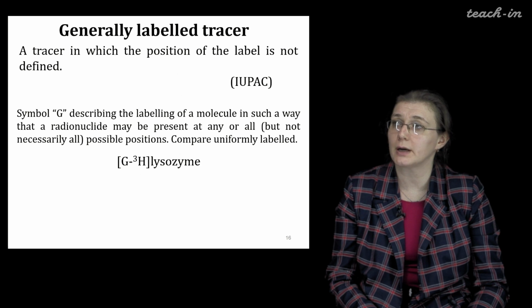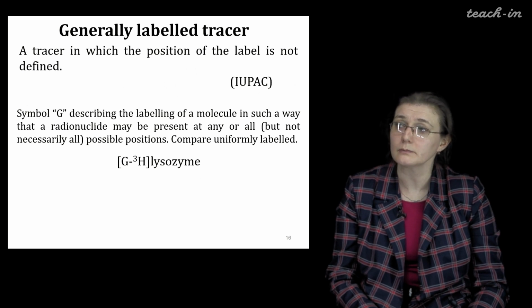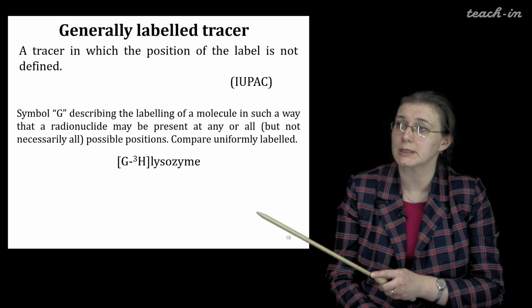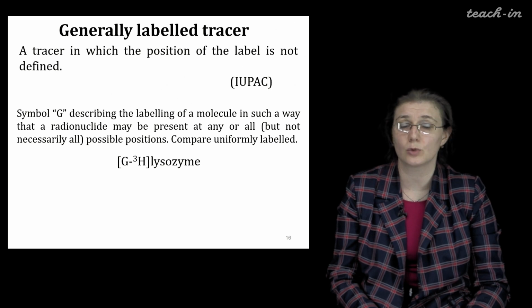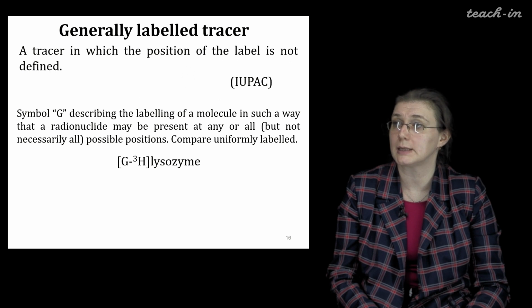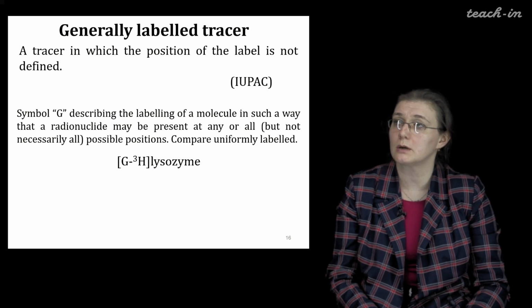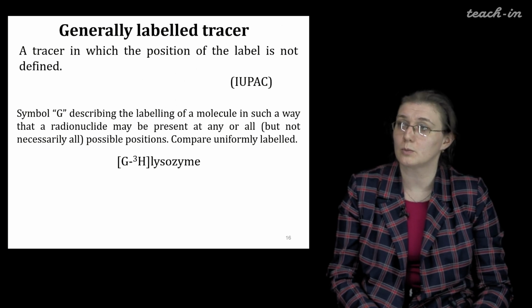And to identify the generally labeled compound, generally labeled tracer, we should put a symbol G in square brackets. And so we describe the labeled molecule in such a way, indicating that in this material we have a tritium label, but we don't know its position, and we also have non-labeled molecules.